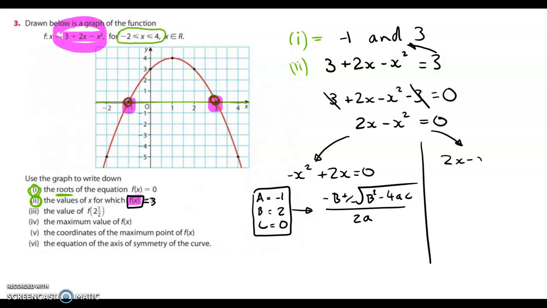So we have, the equation is this, 2x minus x squared equals 0. What's in common? Well, x is in common, so take x out and then have brackets. What would x have to multiply to give you 2x? It would need to multiply by 2. And what would x need to multiply to give you minus x squared? It would need to multiply by minus x. And now when you have that done, just put each part, so the bit that's outside the bracket, equal to 0.